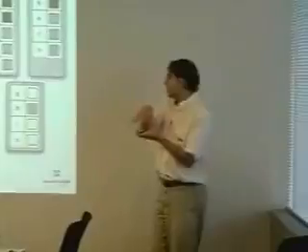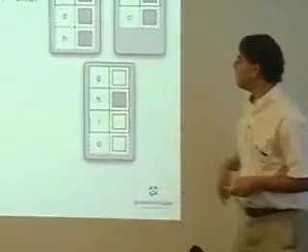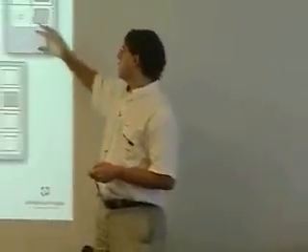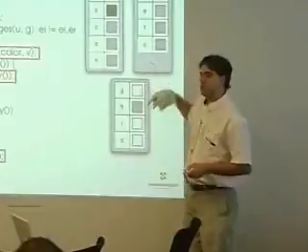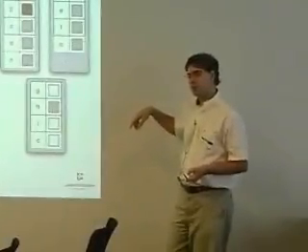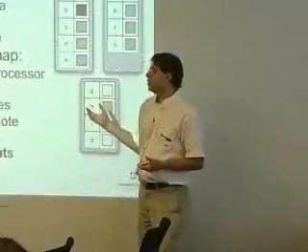So we keep all information locally. And these colors are in different memory spaces. We might have these ghost cells here that keep old copies, or potentially old copies of the colors of vertices on other processors. And we tie this together with the distributed property map data structure.